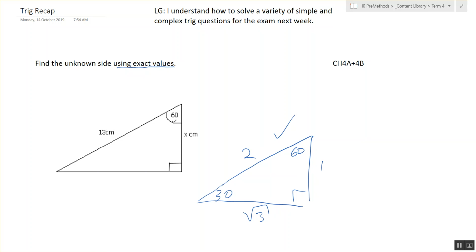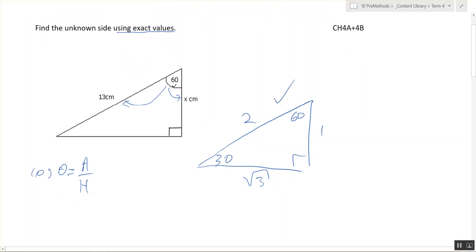Someone else. Right, the cos theta equals a over h. Yep, so we have the adjacent and we have the hypotenuse, longest side, so we know it's cos. Theta equals adjacent over hypotenuse. We know cos 60, the adjacent is x and the hypotenuse is 13 centimeters.